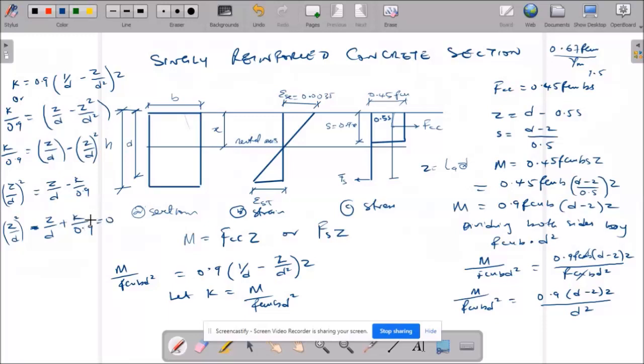So comparing it with the general quadratic equation, we know that the general quadratic equation has a solution.